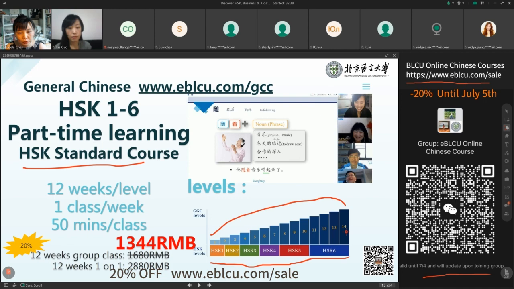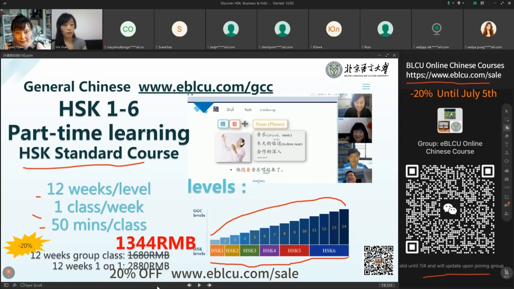Each blue column here in the picture represents a 12-week course of our online Chinese course. So it's a 12-week course with one class per week. And yes, we are a part-time learning course. One class is about 1 hour to 1 hour 50 minutes.